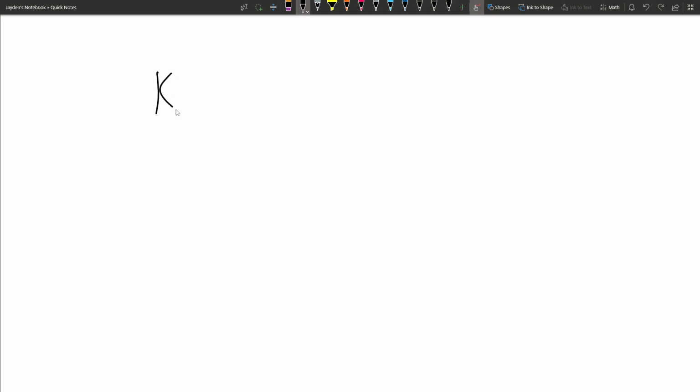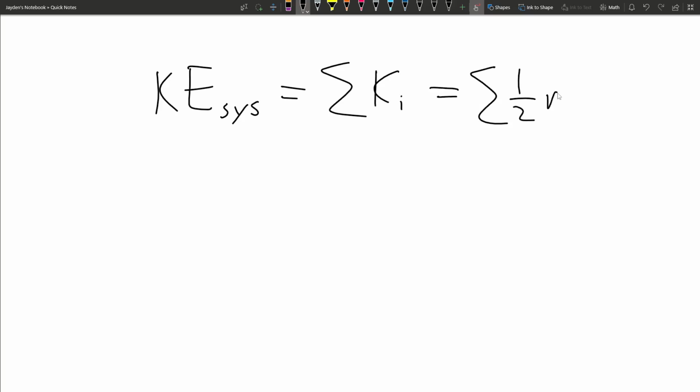We actually derived it from the kinetic energy of a system, which is equal to the sum of the kinetic energies, and that's equal to the sum of 1/2 mv squared. If there are multiple point masses, let's just look at one of them.